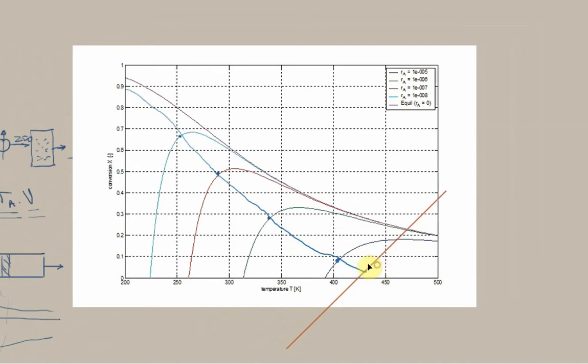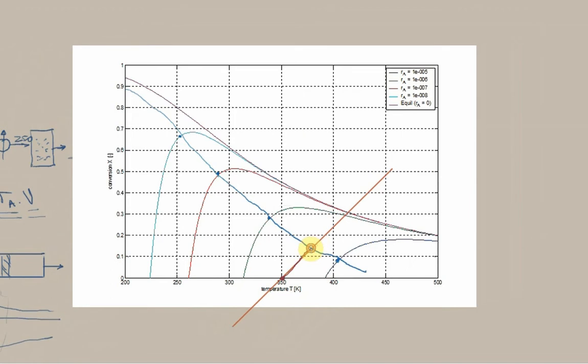But let's say we take a more reasonable conversion. Let's just say the feed temperature is 350 degrees. So that's the entry value then. And so we're going to sketch in our first reactor. So that's going to be our reactor.